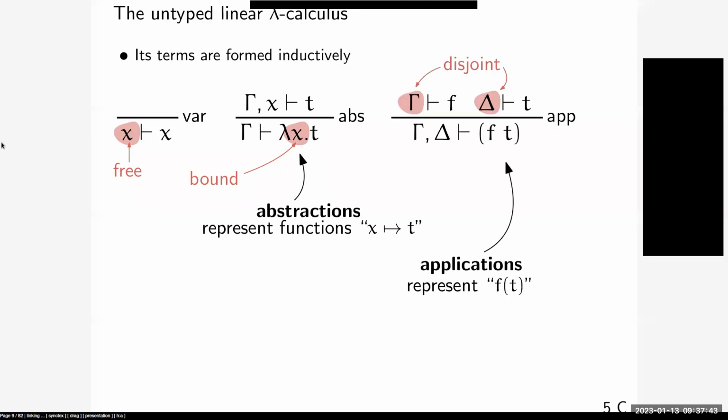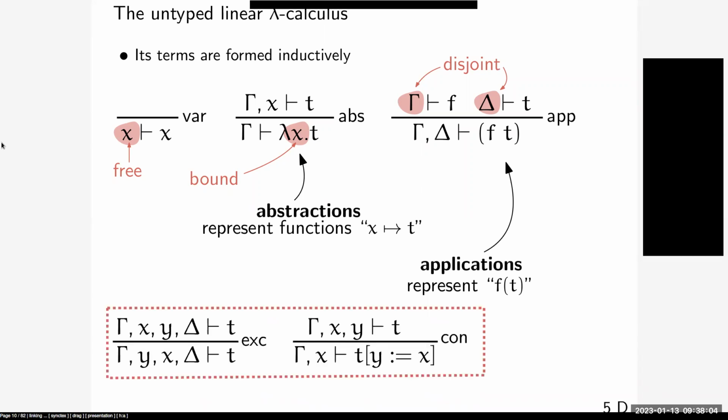And finally, of course, we have applications, which are of the form f applied to t. So if I can derive f and t separately, then, supposing that their contexts are disjoint, I can concatenate the contexts and derive the application term f applied to t. And this represents the act of feeding an argument t to a function f, right?